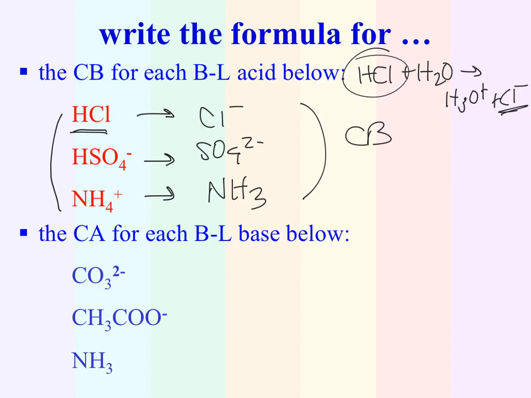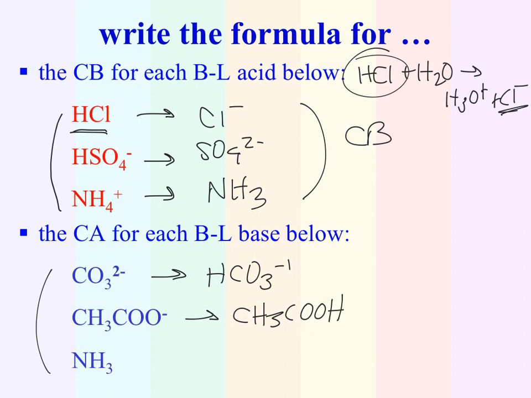If we look at our Brönsted-Lowry bases here, we know that they're going to be picking up protons. Our carbonate ion is going to become HCO3-. Our acetate ion here is going to become acetic acid. And our NH3 here, therefore, is going to become NH4+, our ammonium ion.